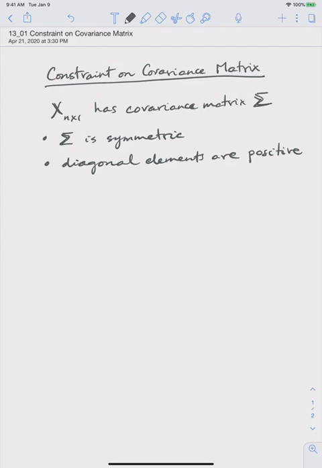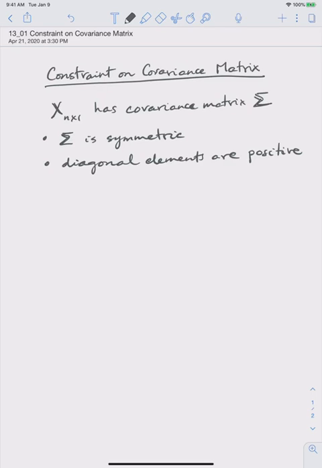But there is one more condition that a covariance matrix has to satisfy. It's filled with all the covariances, and some of them, of course, are variances. And you know that covariances and variances have relations to each other. For example, correlation is the covariance of xy divided by the two standard deviations, and correlation has to be between -1 and 1.